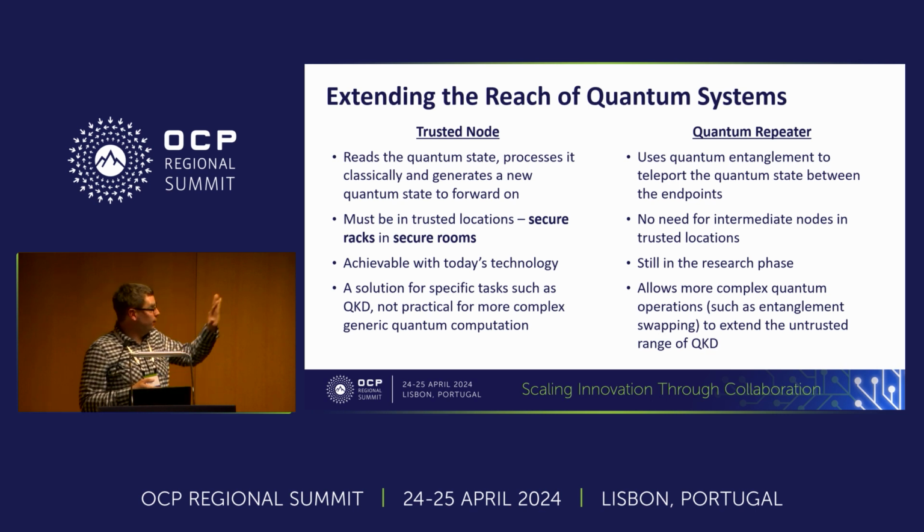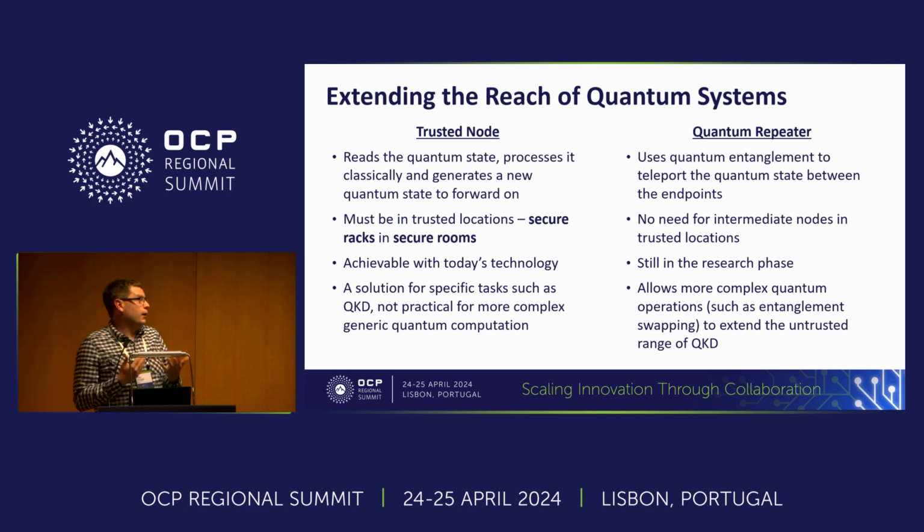So taking that system and looking at how we extend the reach of a quantum network, the first approach might be the trusted node architecture. In this one, we read the quantum state, we process it classically, and then create a new quantum state to forward on in the network. Because we're going back to that classical domain, these nodes must be trusted sites, hence the name of the process, meaning we have to have secure racks in secure rooms.